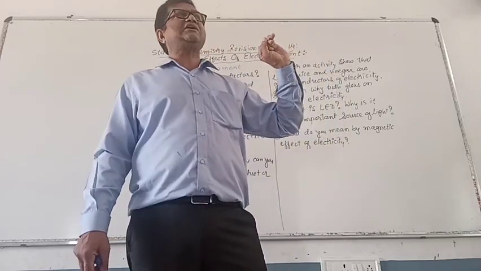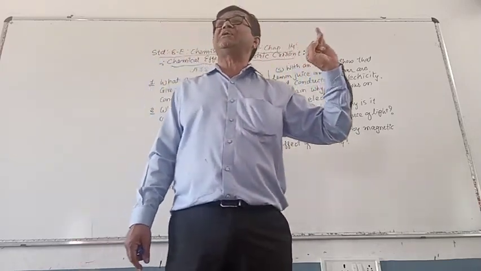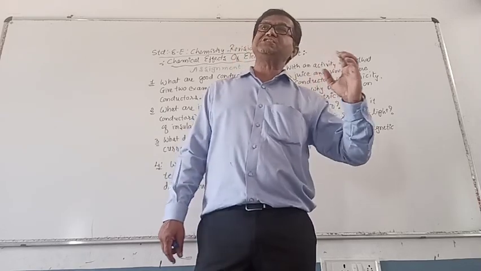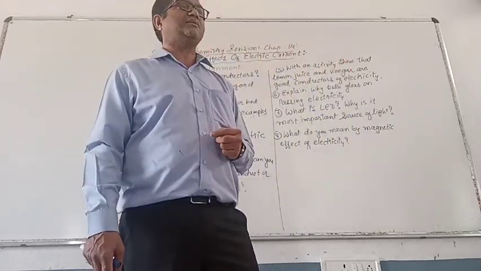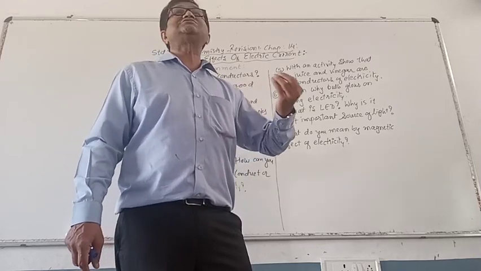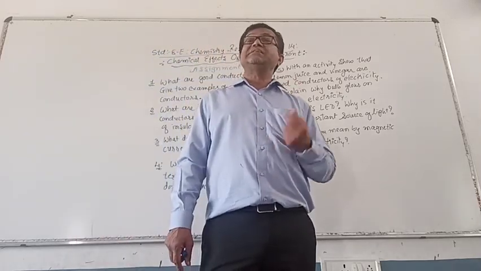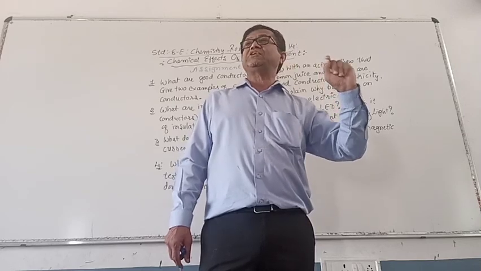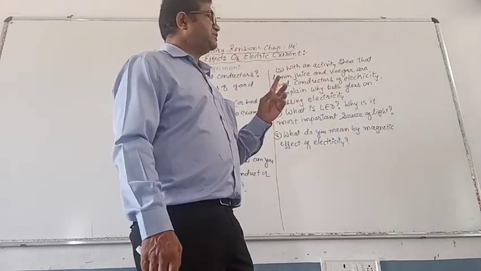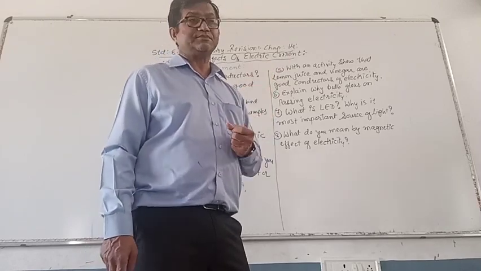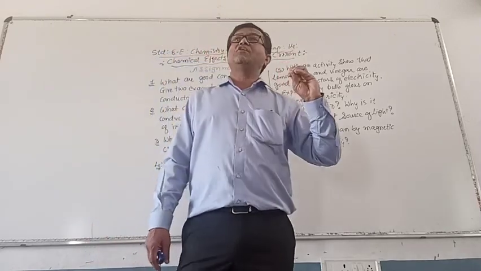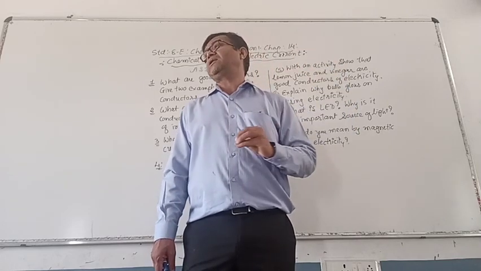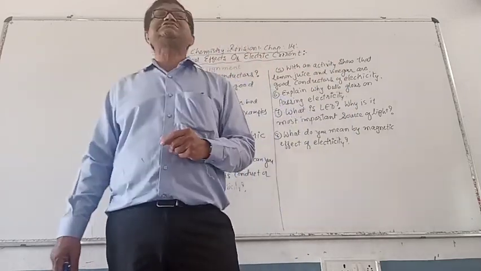In the previous chapter, we learned about the heating effect of electricity, meaning when the current is passed through a conducting wire, it produces heat. We know that in the bulb there is a filament which is made from a high melting point metal like tungsten.